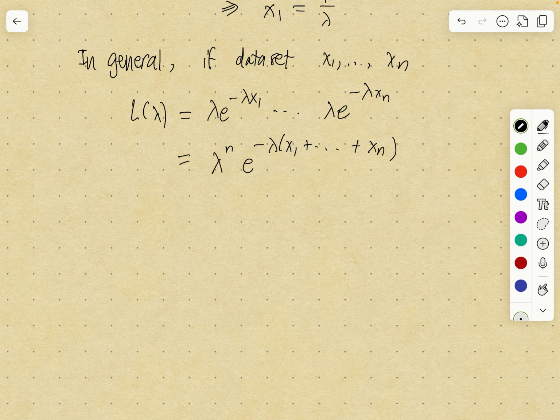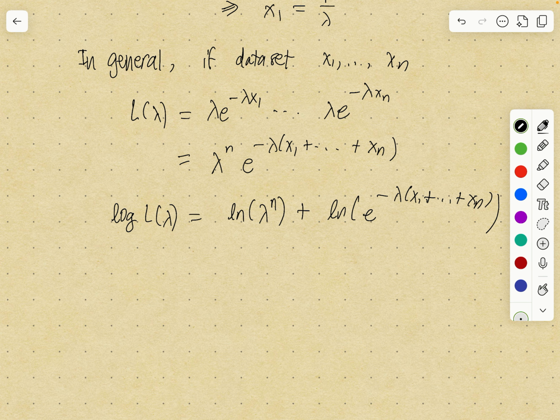So we could do either approach. The first one is to just take the derivative directly using the product rule, or we can take the log of it first. And I think I'm going to take the log of it first, the natural log. And what I'm going to get is the natural log of lambda to the n plus the natural log of this exponential term.